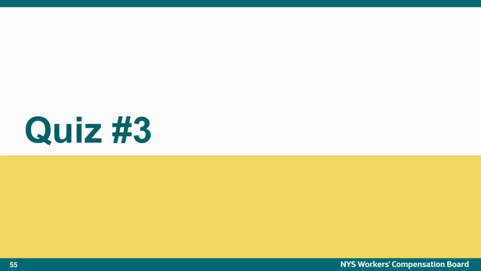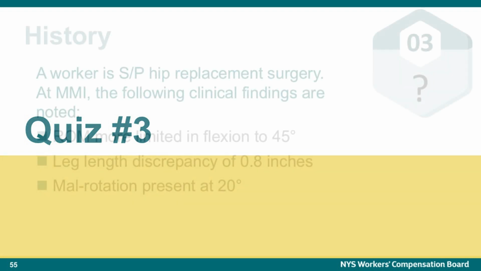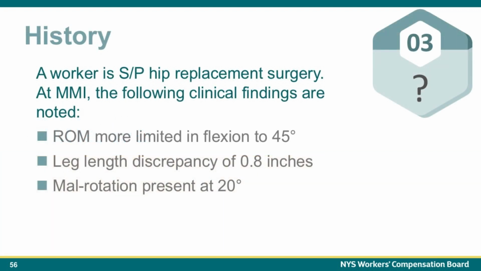Quiz number 3 provides an illustration on how to perform an SLU evaluation for a patient with a joint replacement. A worker is status post-hip replacement surgery. At maximum medical improvement, the following clinical findings are noted. The range of motion is more limited in flexion to 45 degrees.